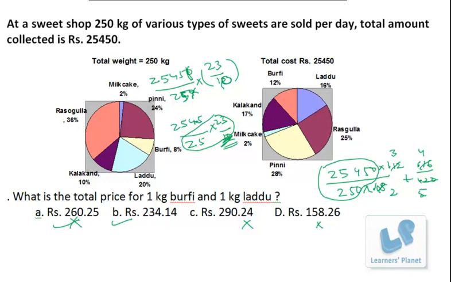See friends, if you feel that the pace of the session is quite fast, you just pause the session, rewind it and listen to it once again, right? Or what you can do is you do the entire calculation on your paper. So you'll be able to understand why I am applying such methods or techniques, right? But why I'm telling you so, because we have just started with the very simple graphs.